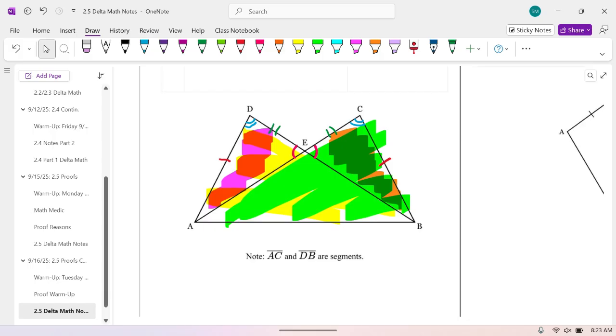So my suggestion is with ones like this, if they give you two congruent triangles, figure out which parts you can use with CPCTC to help prove two other triangles are congruent. Okay, does that kind of make sense? All right, any questions on that one?